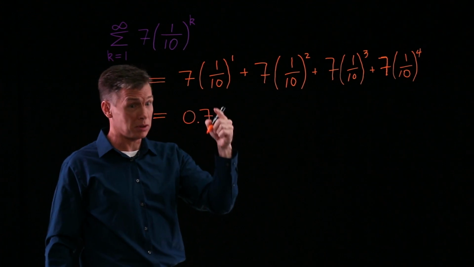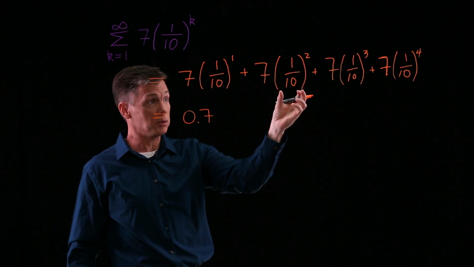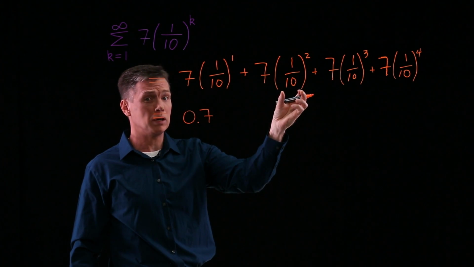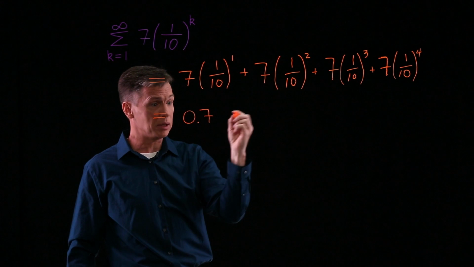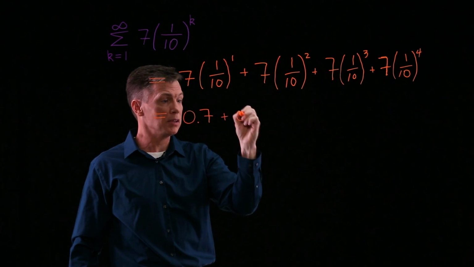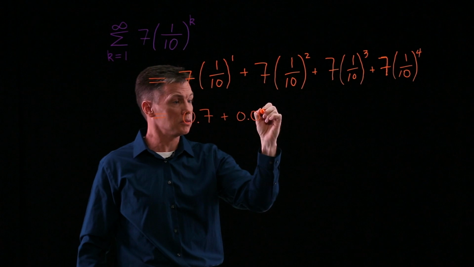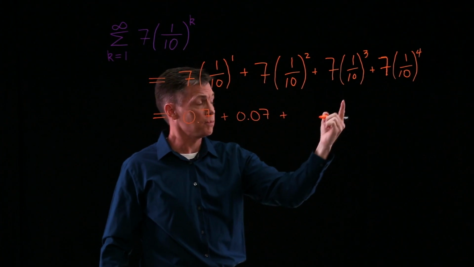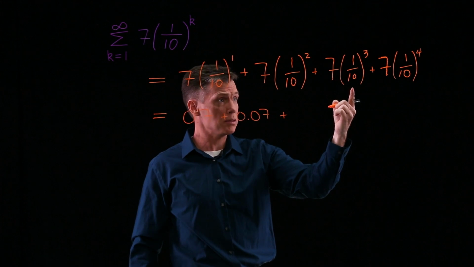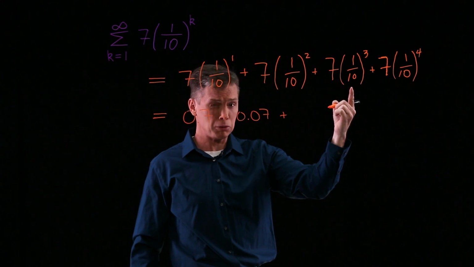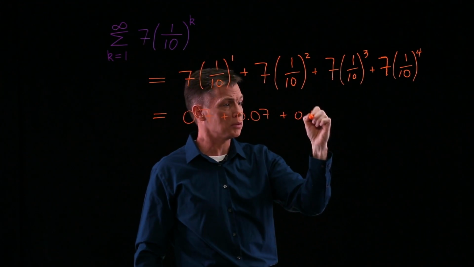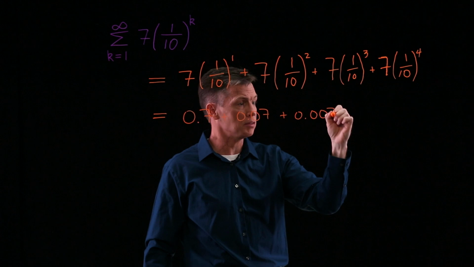Similarly, with the next few terms, as a decimal, 1/10 squared is 1/100th, but then multiply by 7, and this second term is just going to be 0.07. Plus, third term, 1/10 to the 3 power is 1/1000th, multiplied by 7 gives me 0.007.